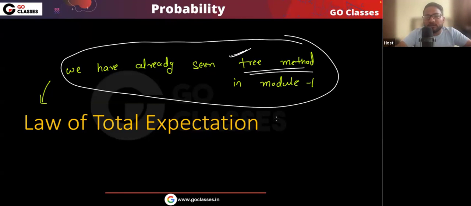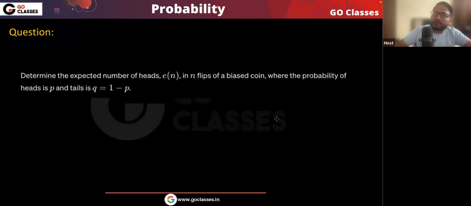Okay, so now let's see this law of total expectation. But before that, maybe we can solve one or two more questions, and these questions will relate to the law of total expectation. Let's see what this question is saying. Determine the expected number of heads in n flips of a biased coin.